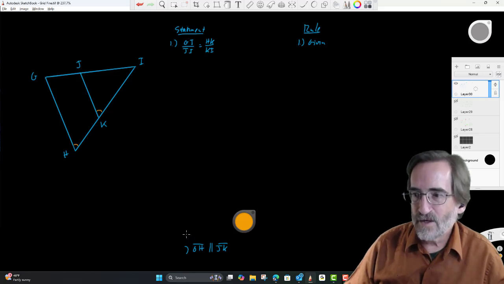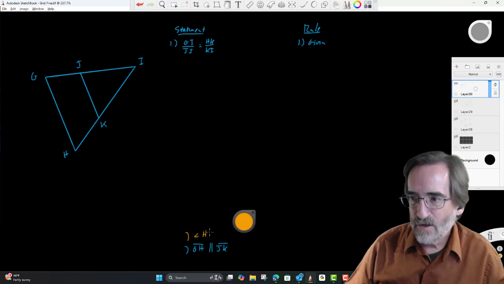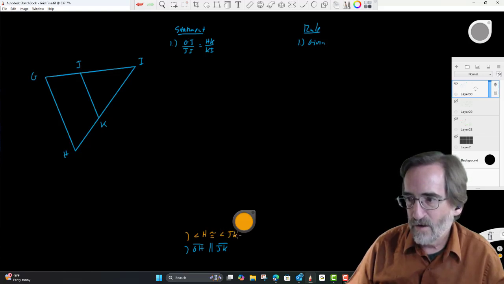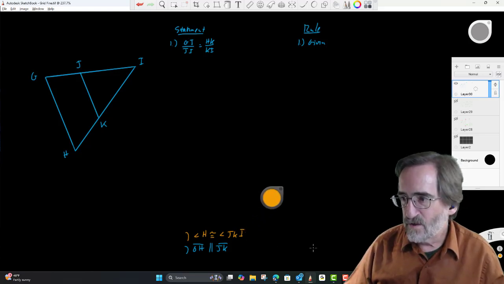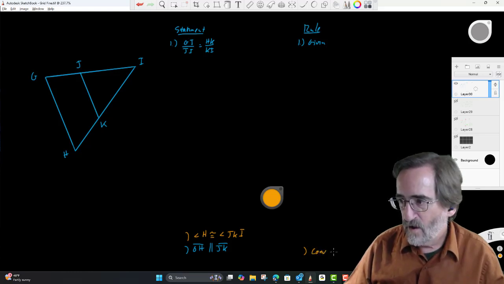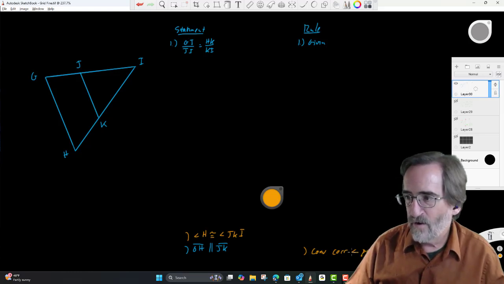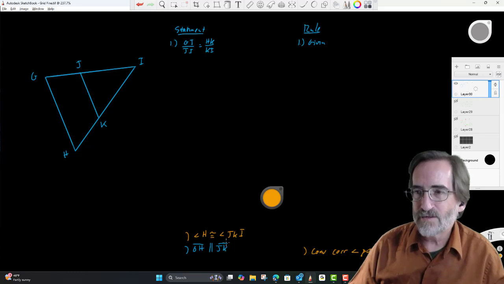So I'd like to end up with angle H congruent to angle JKI, and once I have that, use as this last reason the converse of the corresponding angle postulate.